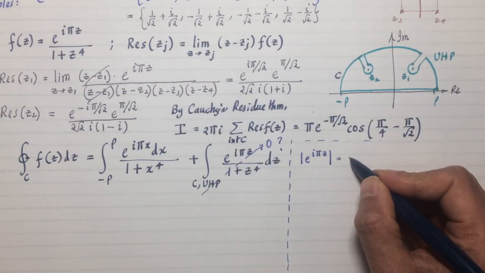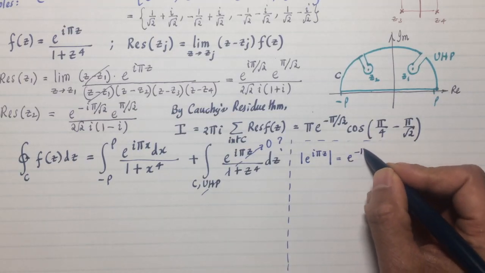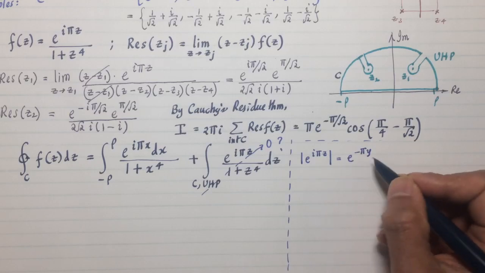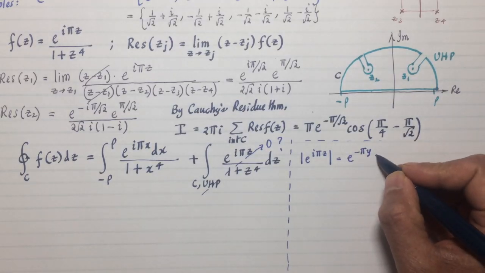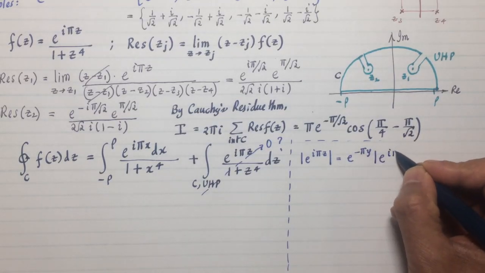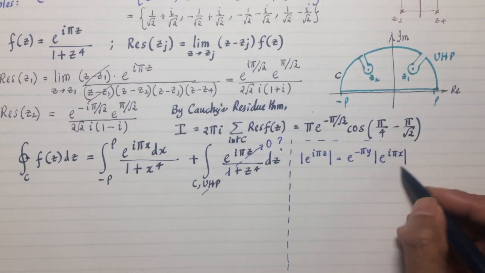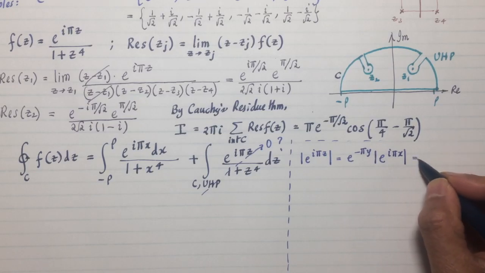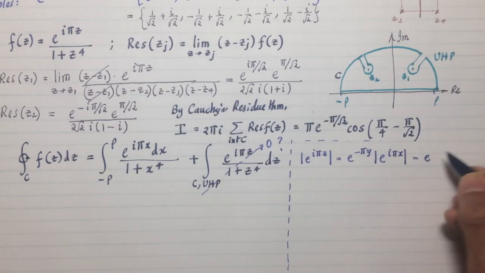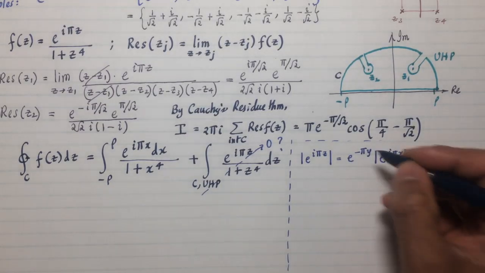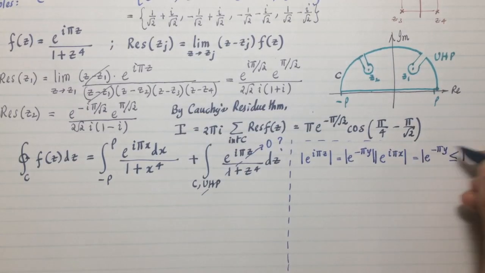So this gives me e to the negative pi y. Well, that's a real number. You don't have to do anything with it. Times the magnitude of e to the i pi x. Well, no matter what that x value is, this is always going to be equal to 1. So the magnitude of the numerator is just e to the minus pi y, and this is always less than or equal to 1. I should have put the absolute value sign.